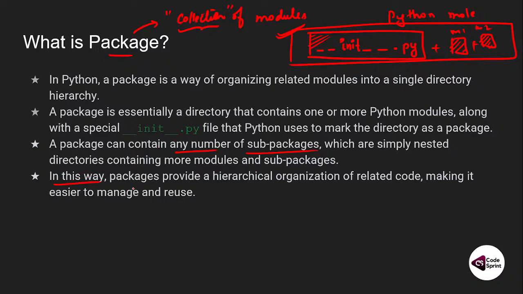In this way, packages provide a hierarchical organization of related code, making it easier to manage and reuse it. So a package is basically a collection of modules with a special file, that is init.py.